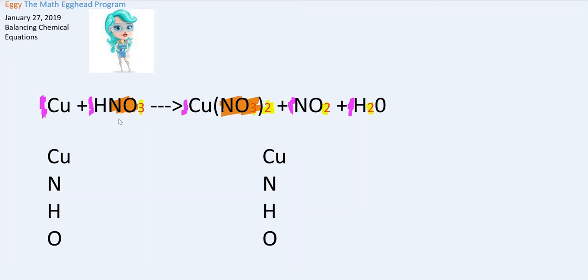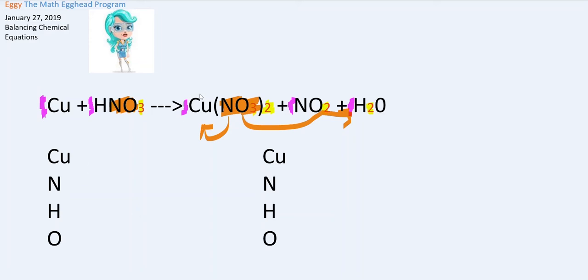Now, it would be different if, for example, the nitrogen had paired up with copper and the oxygen had paired up with hydrogen, then those are 2 different molecules. So that's another indicator that the polyatomic you originally dealt with has now bonded with a different element or atom to make a whole different molecule. So you have to be very attentive to that as well.